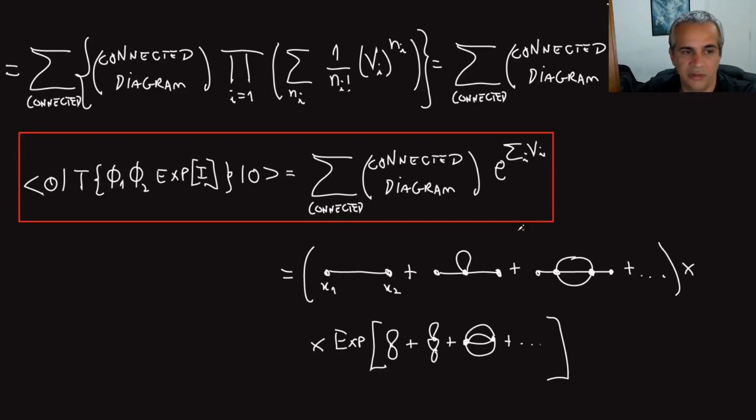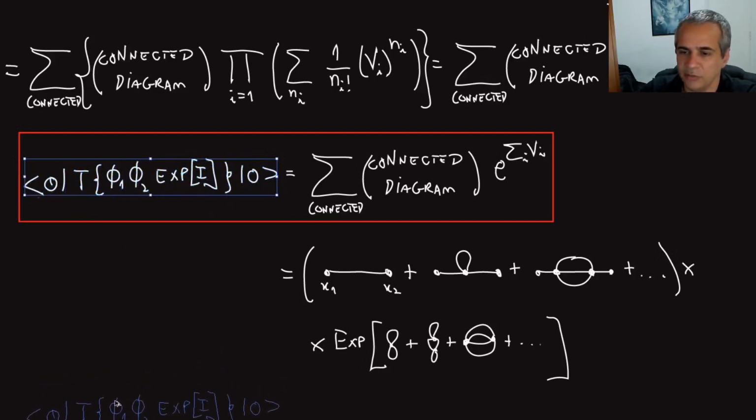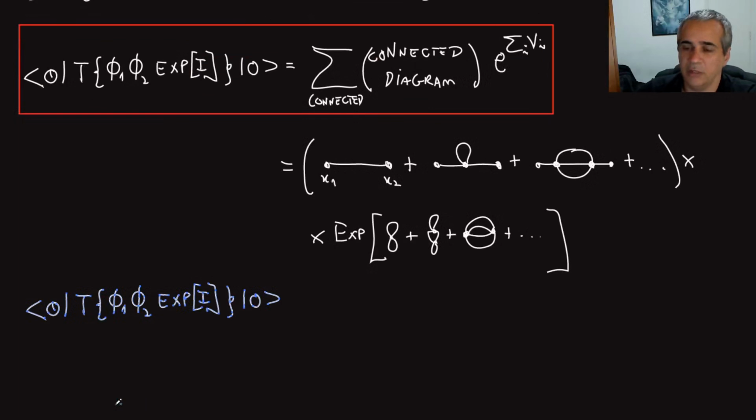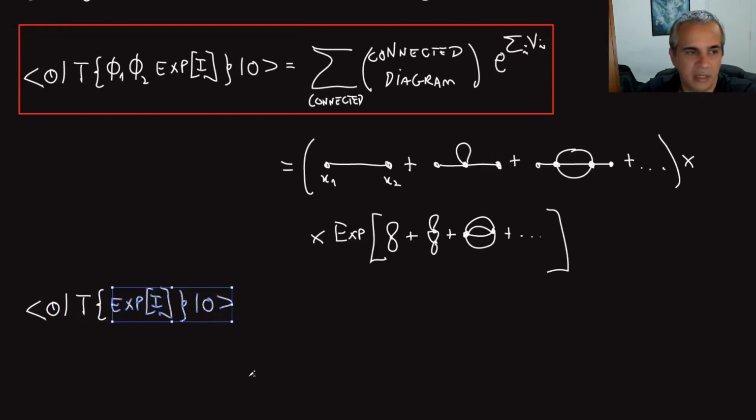Well, the numerator now is just the same object without phi 1 or phi 2. The denominator now is just this. It doesn't depend on phi 1 or phi 2, which means that in here all I have is the exponential.